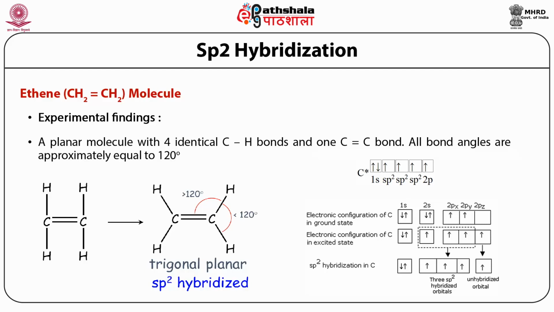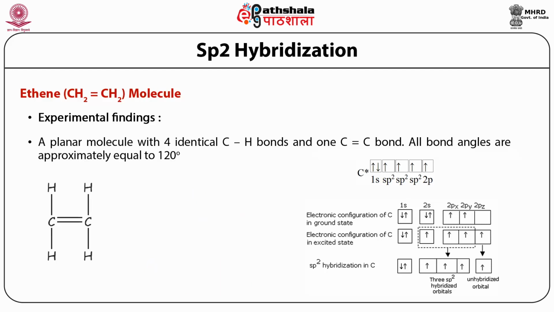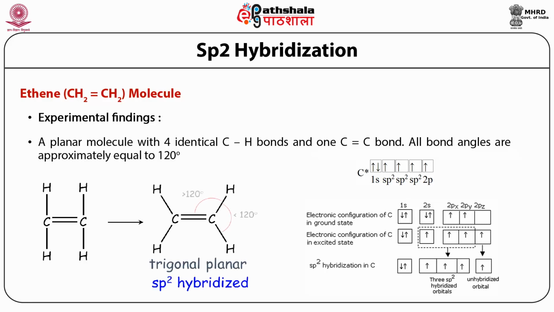So the experimental findings of this ethene molecule are that it is a planar molecule with 4 identical CH bonds and 1 C double bond C, and here all the bond angles are approximately equal to 120 degrees.